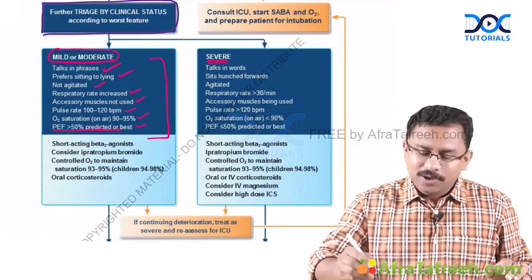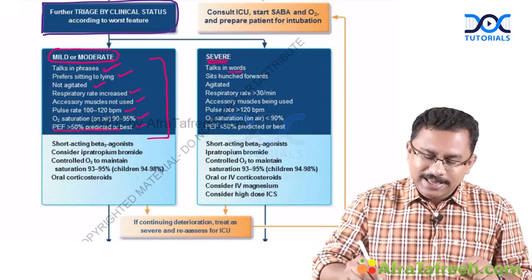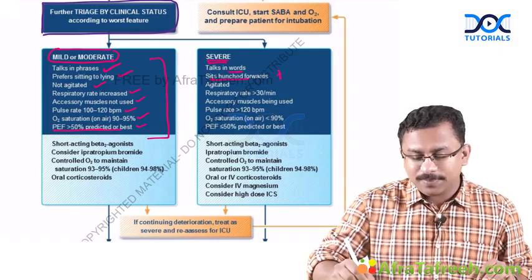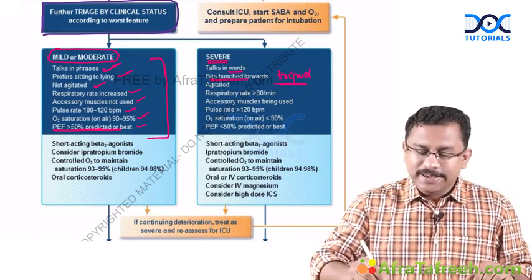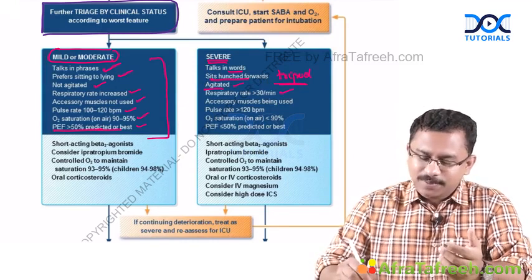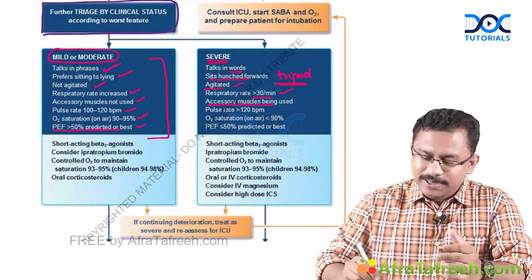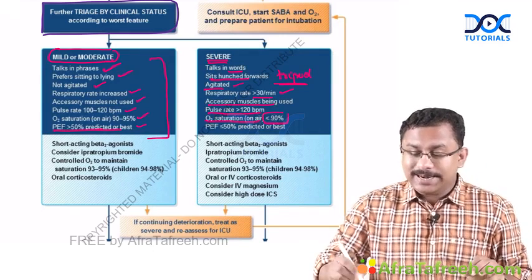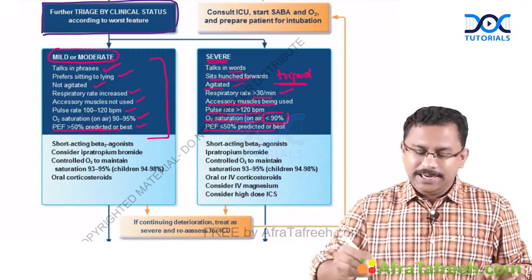Okay. On the contrary, if he talks in words rather than phrases, or if he prefers to sit in a tripod position, hunched forwards, if he is very much agitated and very restless and is severely tachypneic with a rate more than 30 per minute, the accessory muscles of respiration are being used, tachycardia more than 120 and his oxygen saturation, mind you, goes less than 90% and the peak expiratory flow rate is less than 50% of predicted.